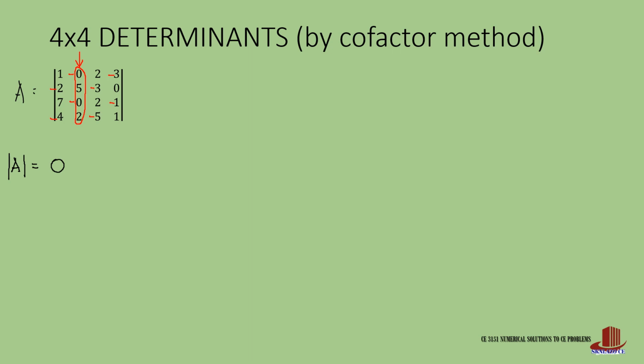Then next would be positive 5 or plus 5. The minors inside this cofactor would be taken as, eliminating our row and column, that would be taken as 1, 2, 3, 7, 2, 1, and 4, 5, and 1.